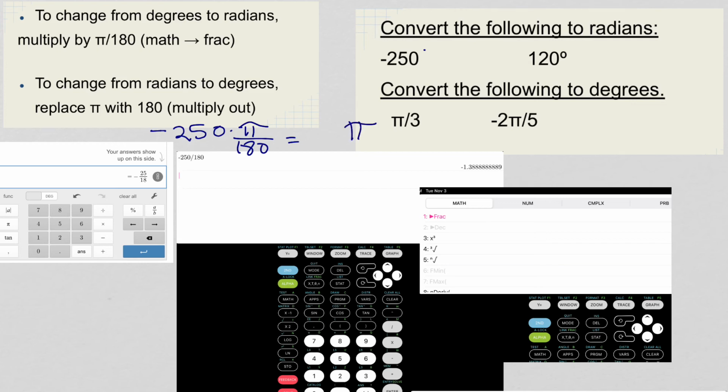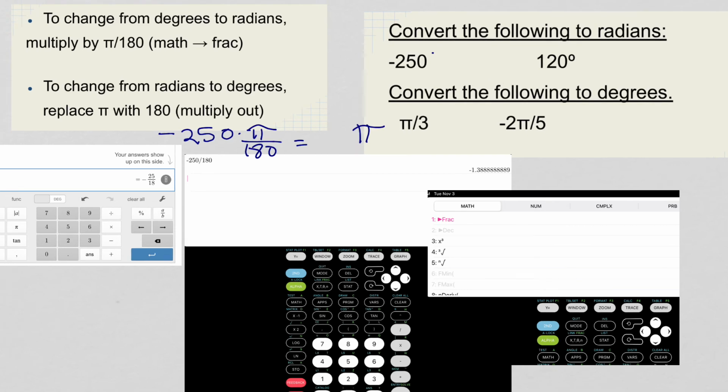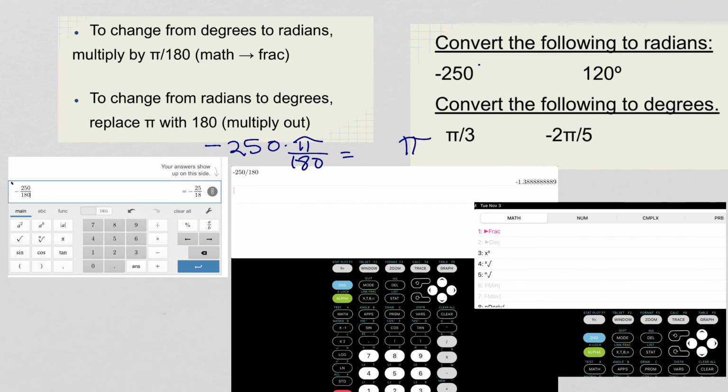So pi is just going to come over. And then if I do this in Desmos Online, take a look. I did negative 250 divided by 180. And here they actually reduce it and change it to the fraction. And it becomes negative 25 pi over 18.